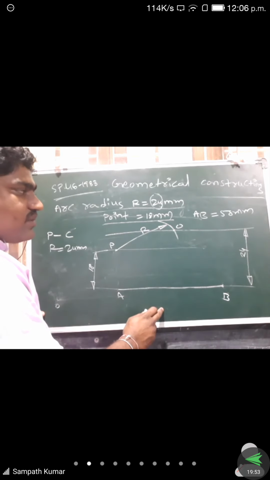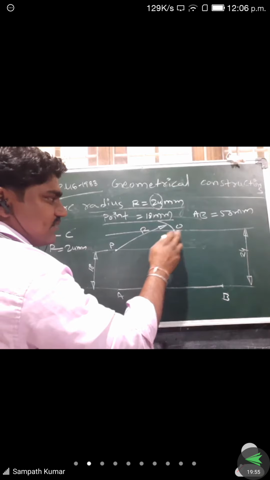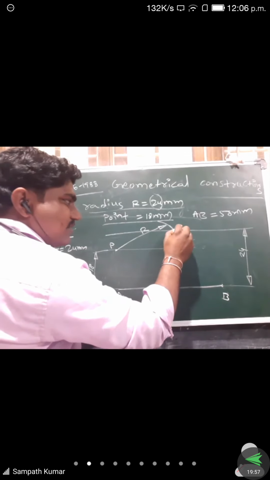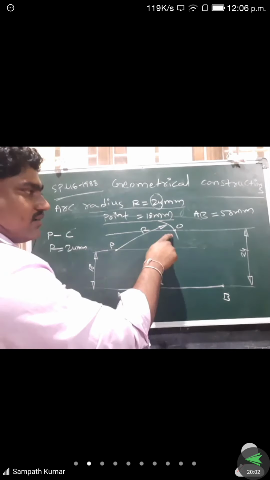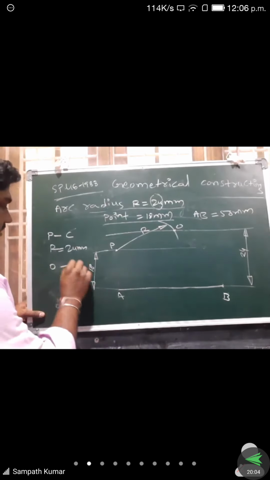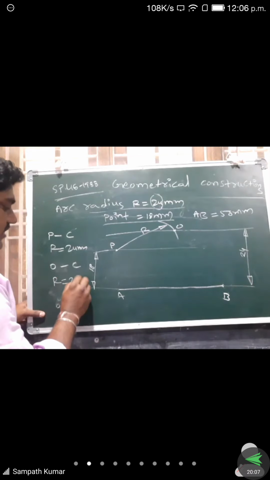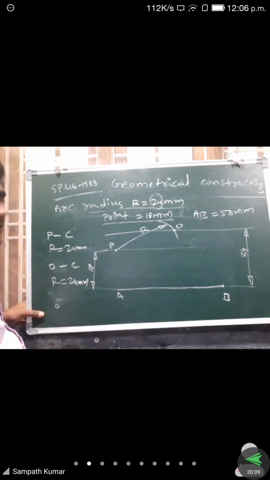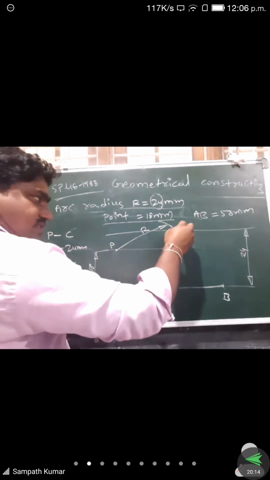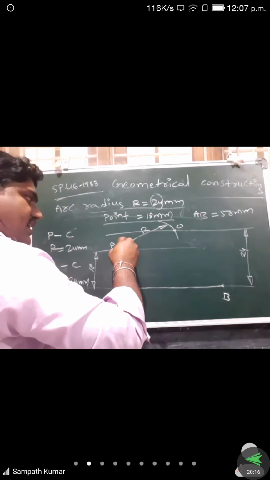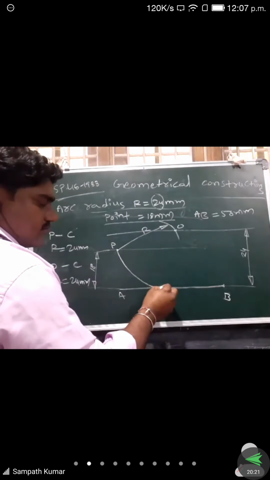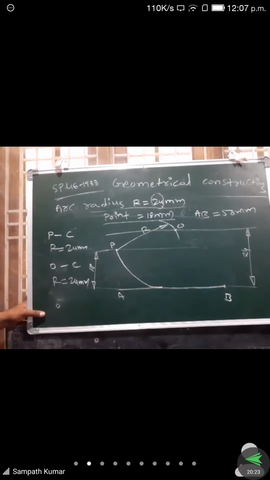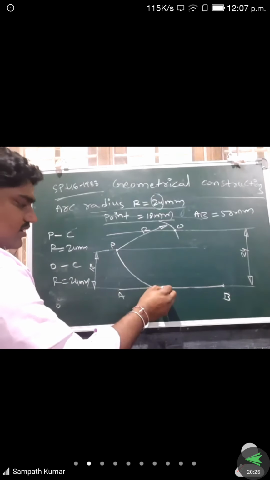The intersection of the arc and line gives the point O. Take O as a center, R equal to 24 mm, and draw a tangent arc to the given line. This is the tangent arc to the given line.